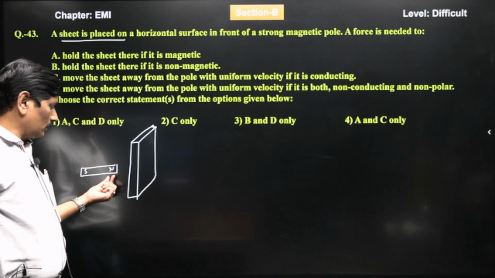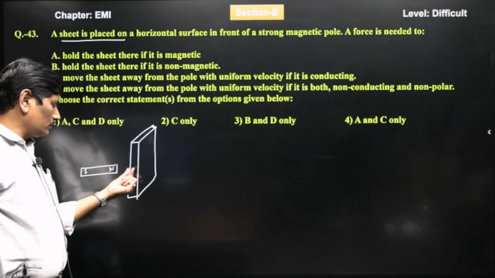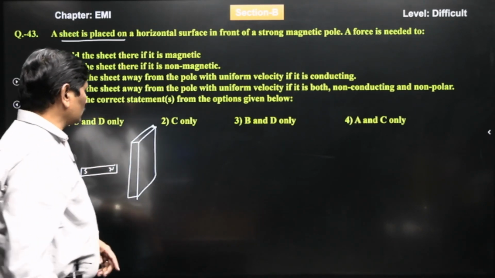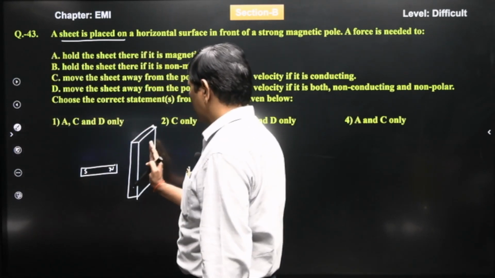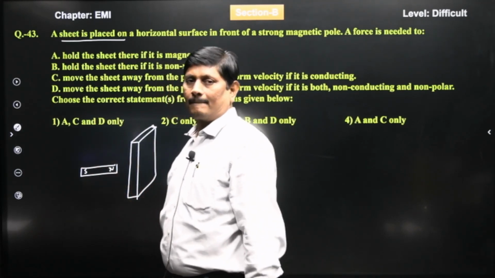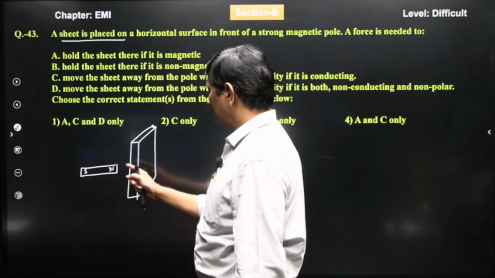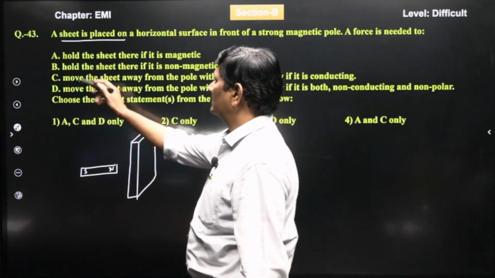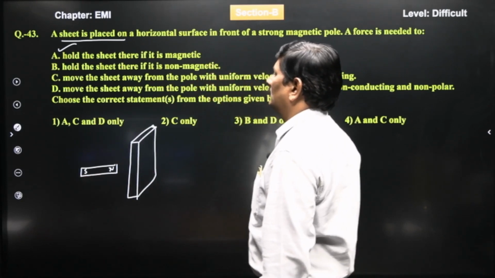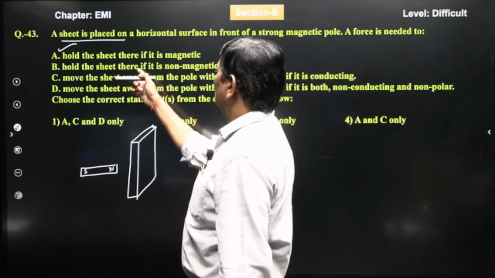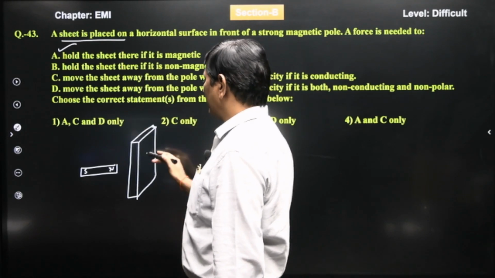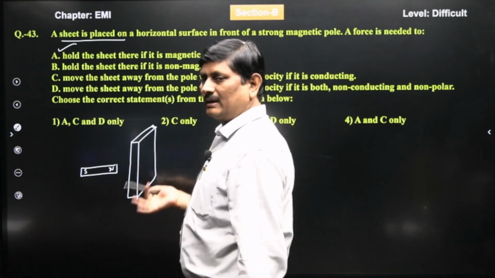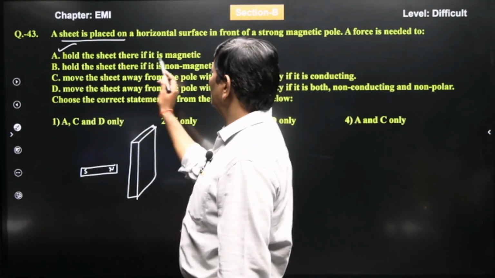So there is attraction between the sheet and that north pole. With attraction, this sheet may move towards the magnet. In order to avoid that, we have to hold it. So the first one is correct. Hold the sheet there if it is non-magnetic. Non-magnetic means there is no influence of the magnetic pole. Nothing will happen to the sheet, no need to hold it. So the second one is wrong.